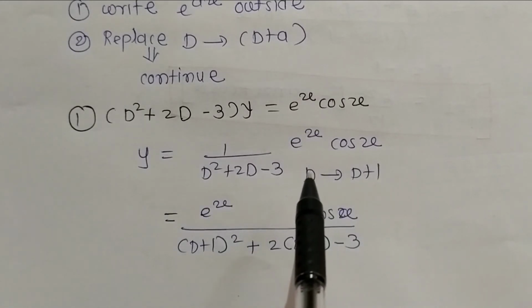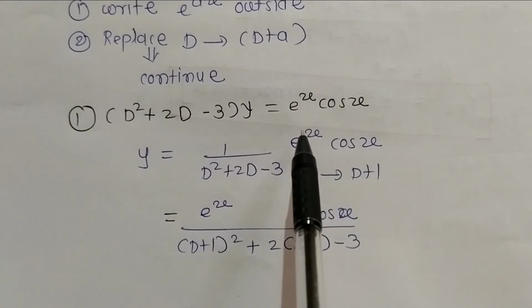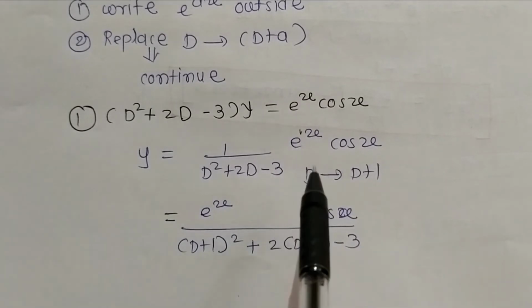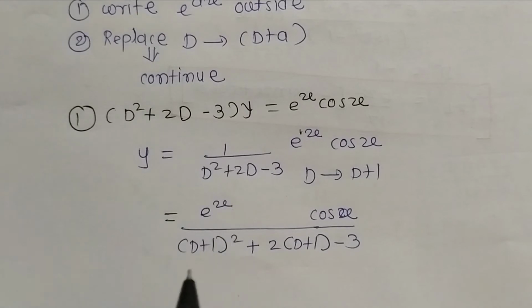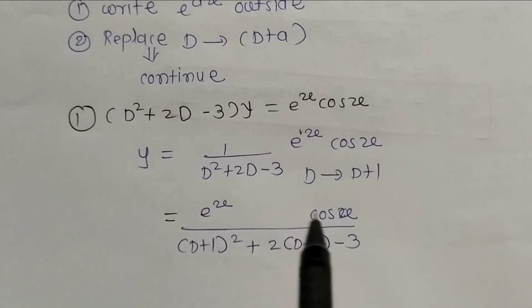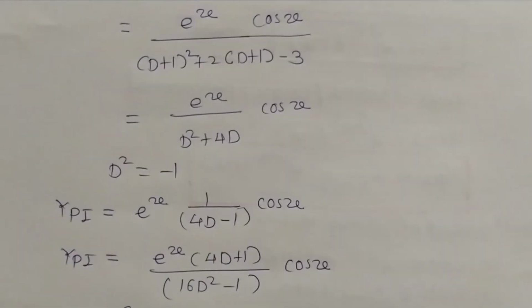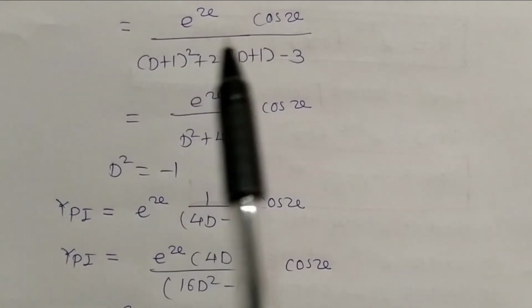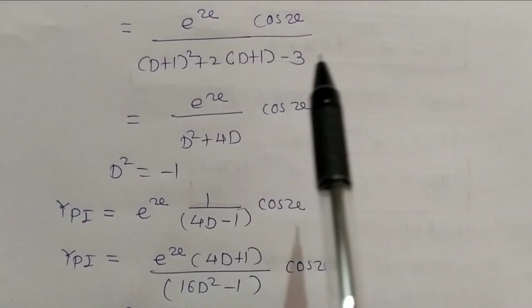Here we have to replace d by d plus a, where a is 1. So d becomes d plus 1. Here 1 upon (d plus 1) square plus 2 (d plus 1) minus 3, we take e raised to x outside, e raised to x cos x.